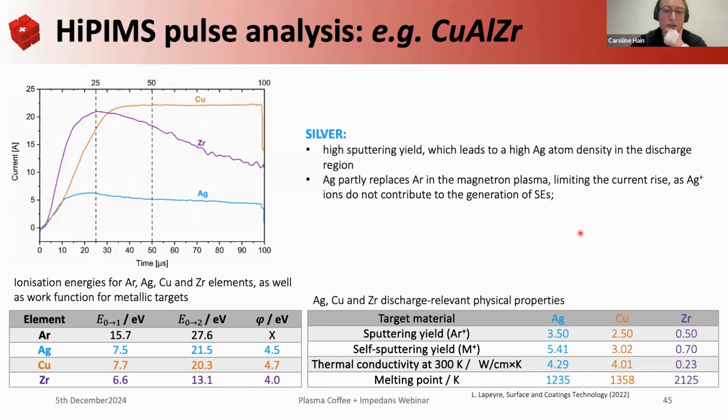What happens is that argon replaces silver, so we can only get so much and we're limited in the current we're able to obtain. The silver ions are also not able to contribute to getting more secondary electrons. That's where we're limited, so we cannot reach higher currents, at least for our setup and our conditions.